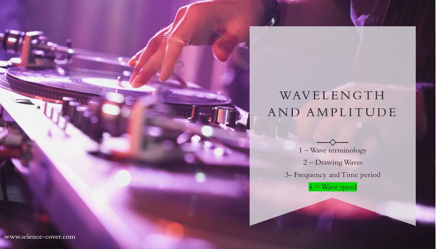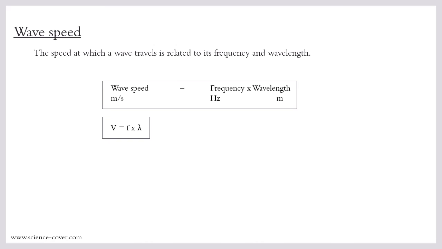Let's now look at how to calculate the wave speed. The speed at which a wave travels is related to its frequency and its wavelength. Wave speed can be found by multiplying the frequency in Hertz by the wavelength in meters.